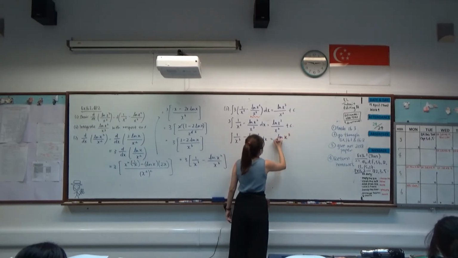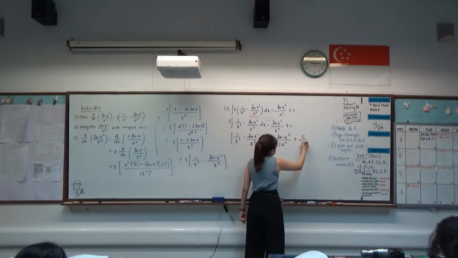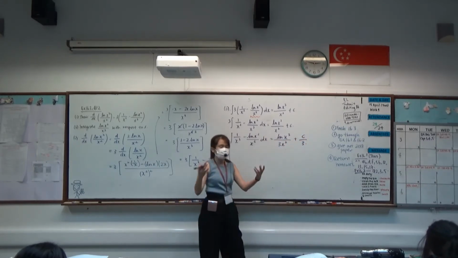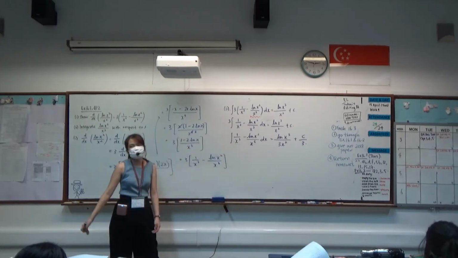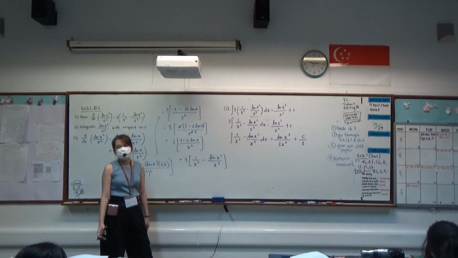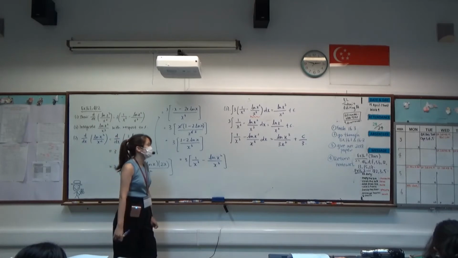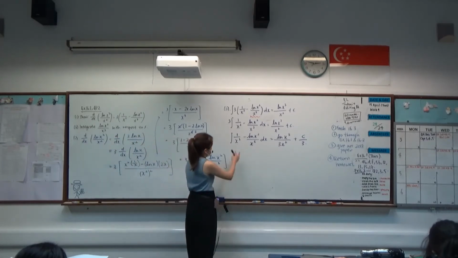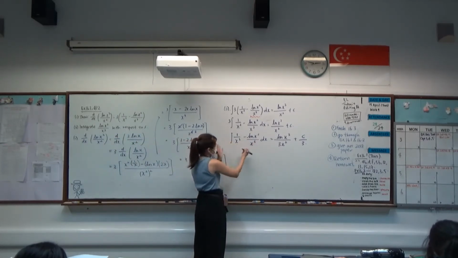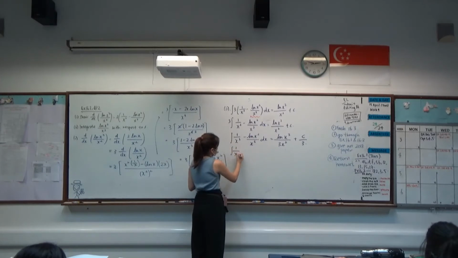Ln x cubed over 3x squared. You may want to put c over 3, or if you don't like the ugliness of a c over 3, feel free to convert it into a d. Okay. Then we can now split this integral into two parts.